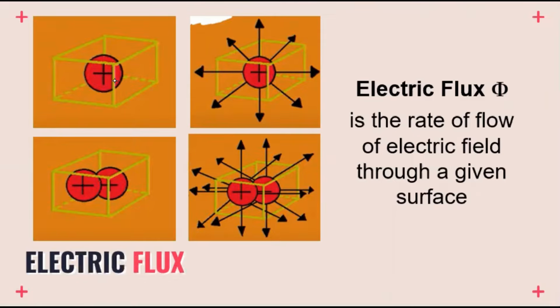This phenomenon is what we call electric flux. It is the rate of flow of electric field through a given surface. So yung pag-spread out ng ating electric field, illustrated by lines here in our diagram, is what we call the electric flux.